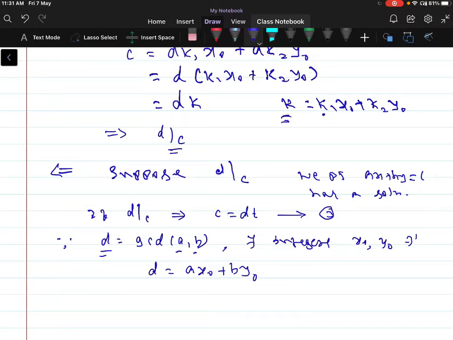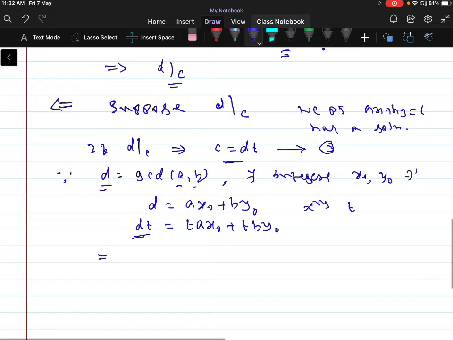So for this you multiply by t, we'll get dt is equal to t into ax naught plus t into by naught. But dt is equal to c using 3. So this implies c is equal to a into tx naught plus b into ty naught.